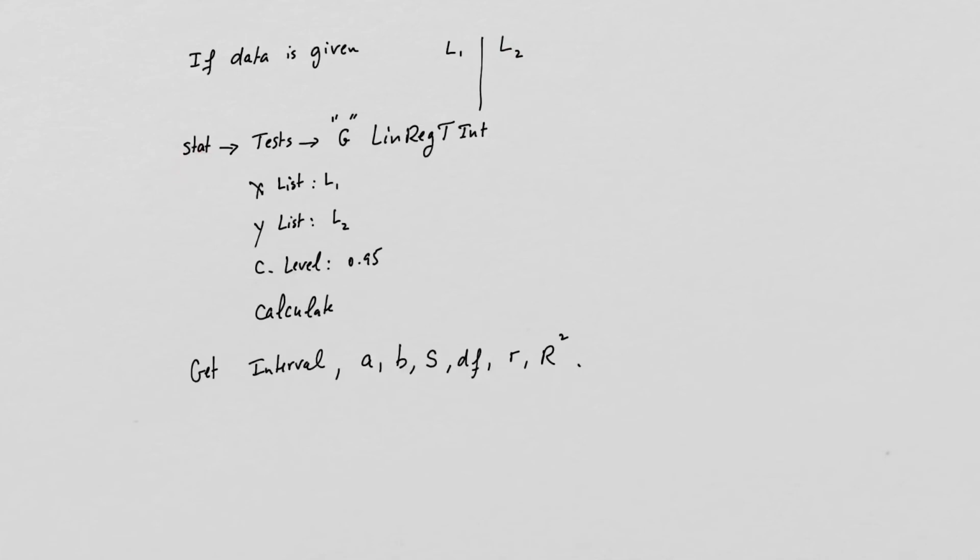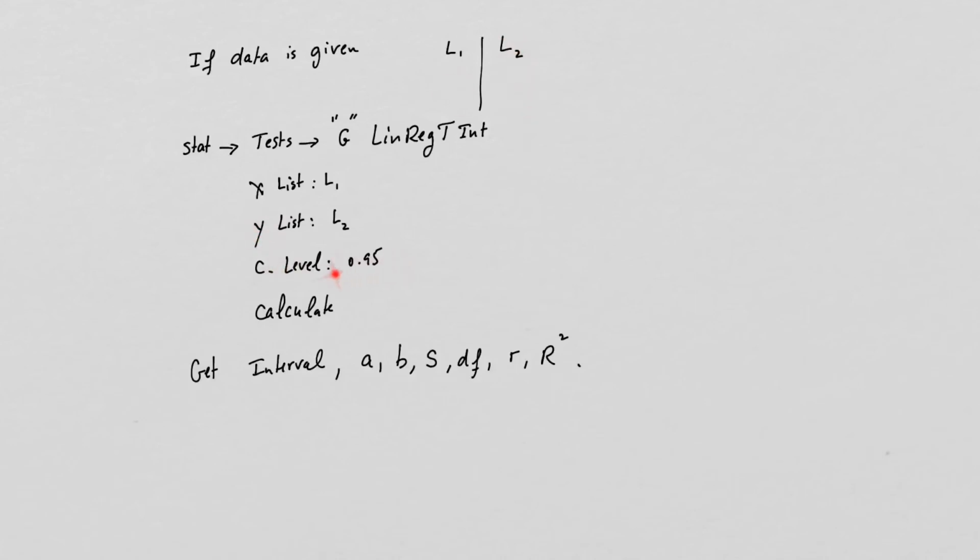You go to stat, tests, and now you scroll all the way down to G where it says linear regression T interval. Don't pick test. There is a test right underneath. We're dealing with intervals, okay? And then make sure X is sitting under L1. Basically, your height is sitting here, not here. And your time is sitting here, not here.